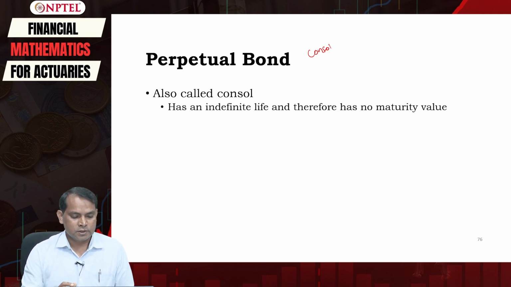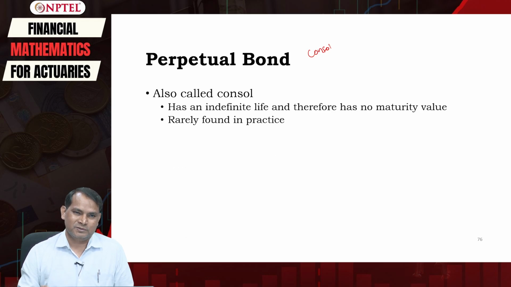This perpetual bond has an indefinite life and therefore has no maturity value. We have already understood this. But remember that this type of bond is very rarely found in practice, though sometimes it is feasible.